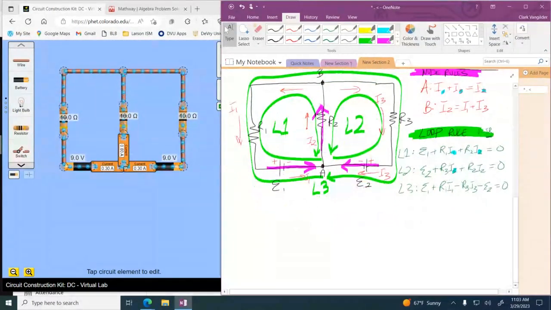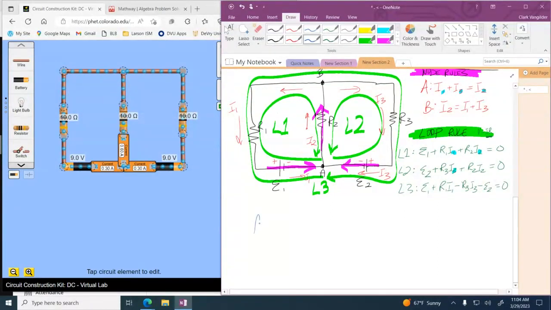The problem is, I wish Mathway would accept subscripted variables. You can type them in, but I can't get it to give me a solution the way that we would write it in physics. So I have to kind of redo these equations.